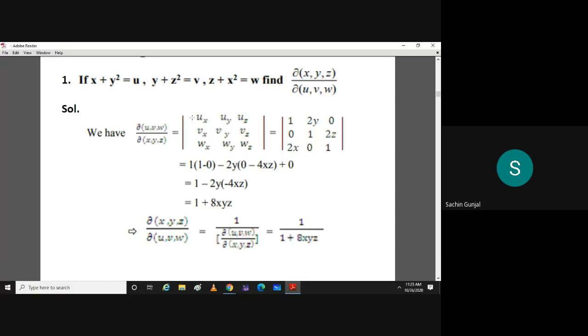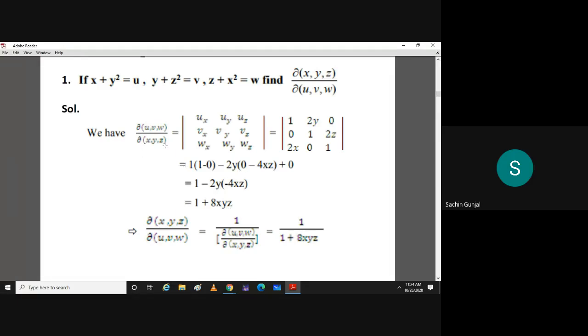Then v with respect to x is 0, with respect to y it is 1, and with respect to z it is 2z. Then w with respect to x is 2x, because it is x square here, with respect to y is 0, because y is missing in w, and with respect to z it is 1. If you calculate this determinant, you will get 1 plus 8xyz.